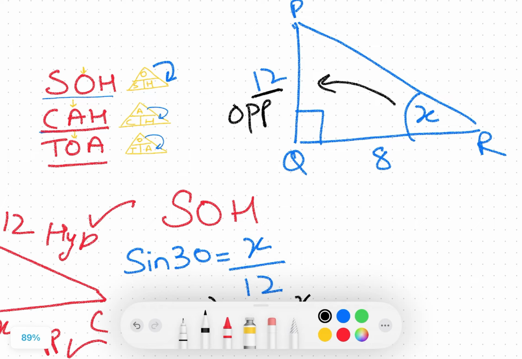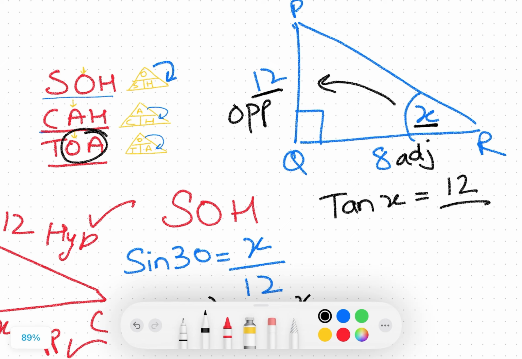We're also given the side between the two angles, so this is adjacent. With opposite and adjacent, we only have one rule, which is TOA. So I must use the tan function. Remember I told you we must write the angle next to the tan, sine, and cos function. In this case, we don't know the angle, so I'm going to write tan x equals opposite divided by adjacent.